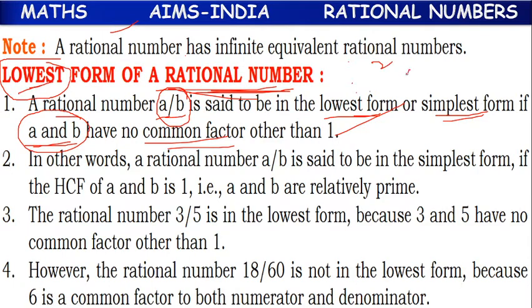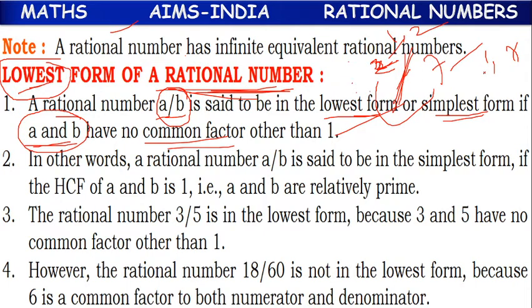Suppose I have 2 by 7, numerator 2, denominator 7. Are they coprimes? 2 is divisible by 1 and 2. 7 is divisible by 1 and 7. What is the common factor? 1.